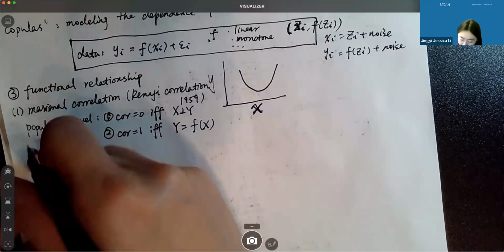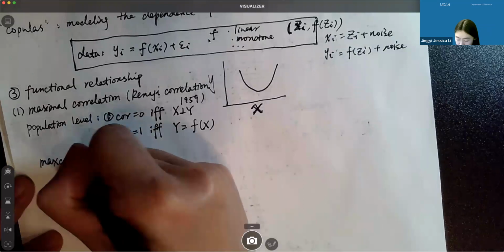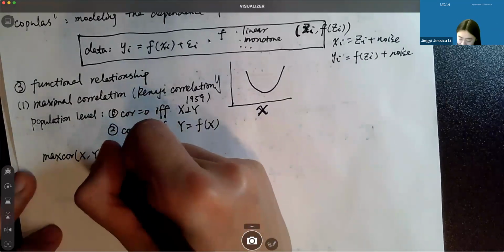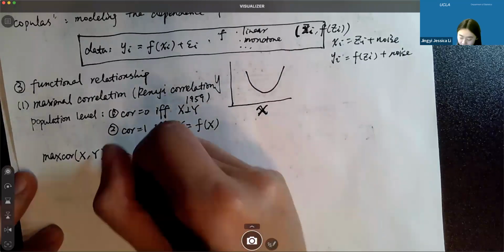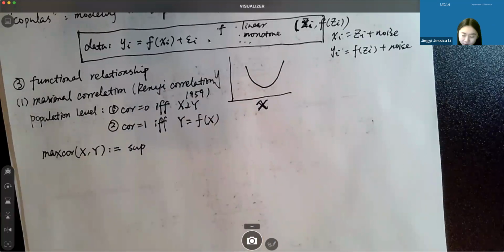The theoretical definition, which we call the maxcor between two variables X and Y, is defined as the supremum. You can consider this to be like a more advanced version of maximum when the possibilities are infinite.